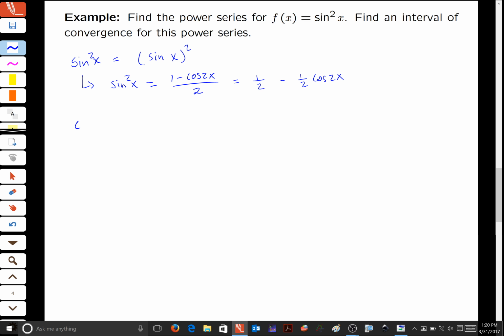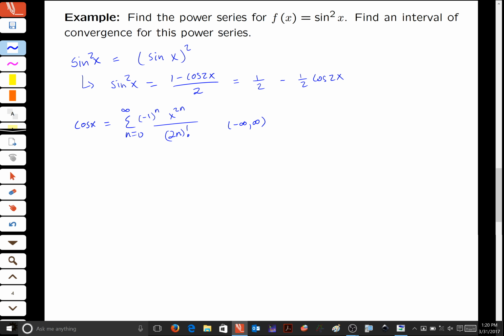So let's write down our cosine x series. That was a sum n equals 0 to infinity, minus 1 to the n, x to the 2n over 2n factorial. And then the interval of convergence is minus infinity to infinity for that.